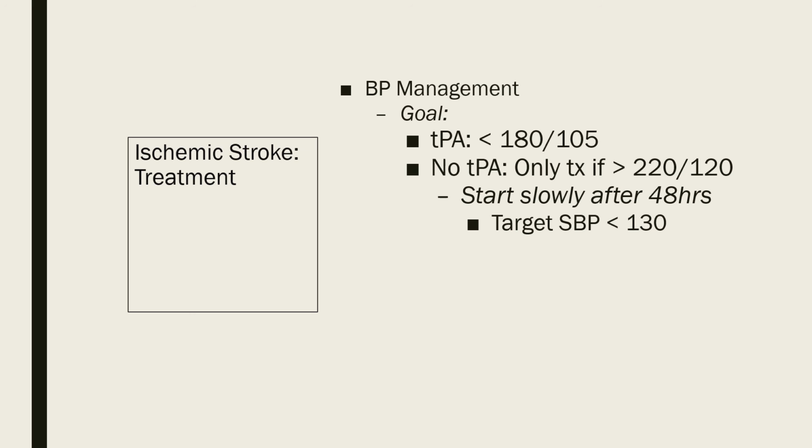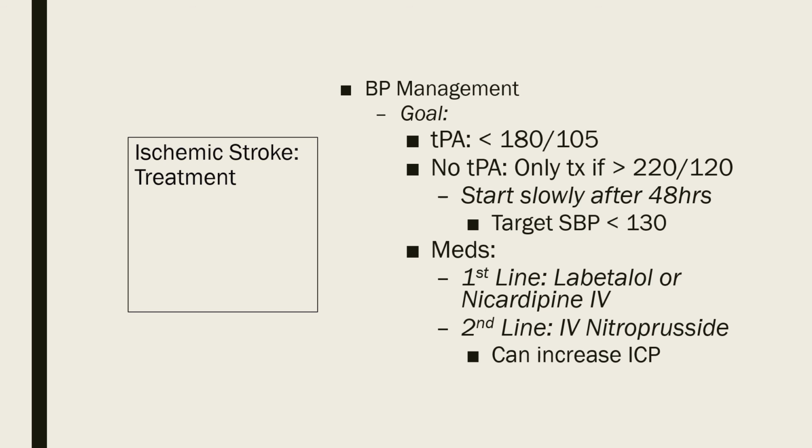You typically start antihypertensives slowly over 48 hours, and your target systolic blood pressure is less than 130. The medications used for first line are labetalol and nicardipine, and these are given IV. And second line would be IV nitroprusside. However, remember that this one you usually use as a last resort because it can increase intracranial pressure in case the patient develops hemorrhagic conversion.